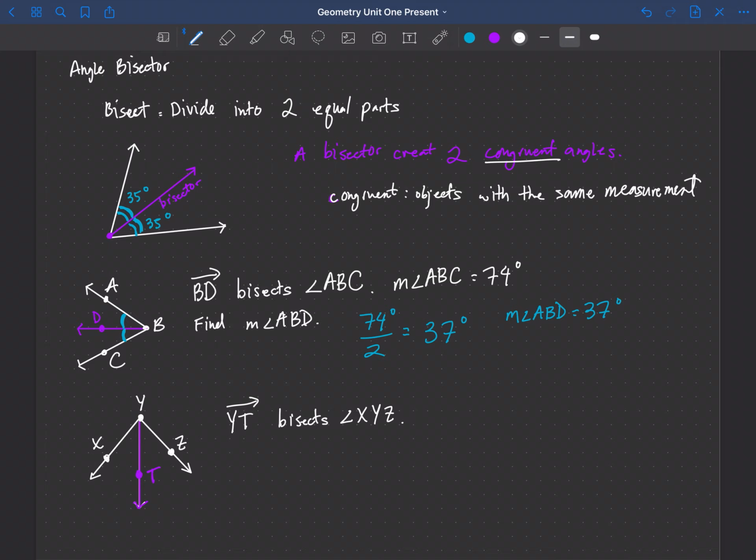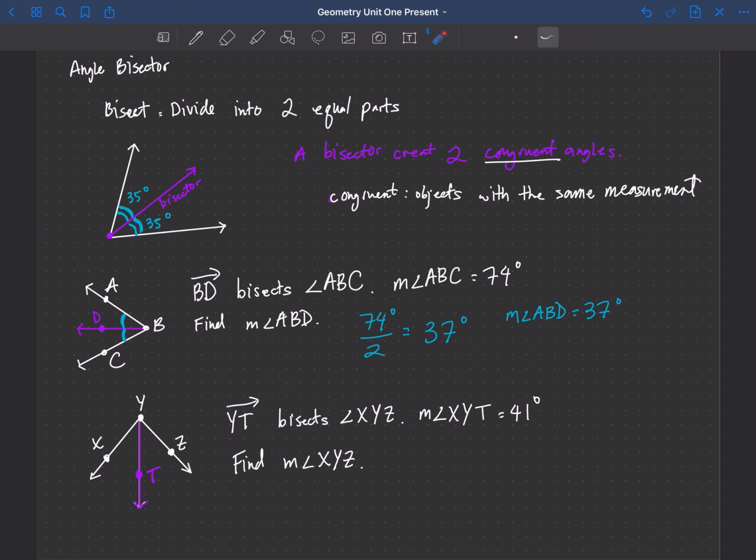It is also given that measurement of angle XYT equals 41 degrees. I want to find measurement of angle XYZ. Okay, so let's go through our information again.